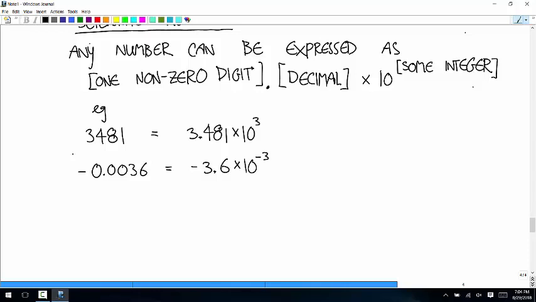But rather than having to remember these tricky-ish rules, if a number is expressed in scientific notation, every digit before the times 10 to the whatever is significant. That's how many significant figures you have.